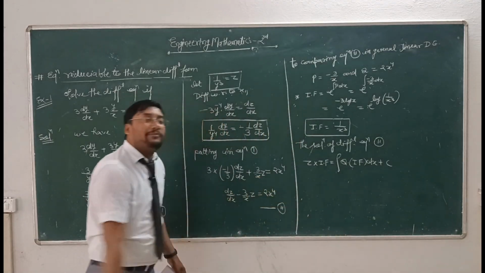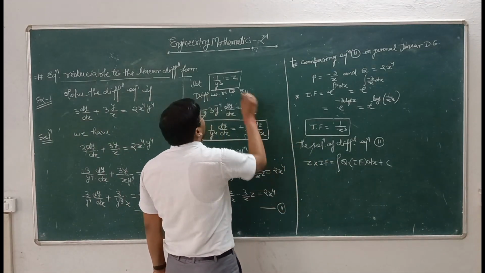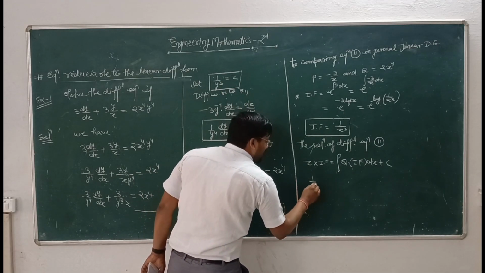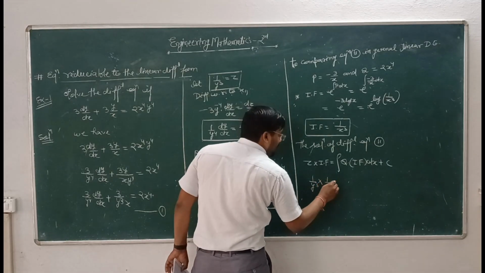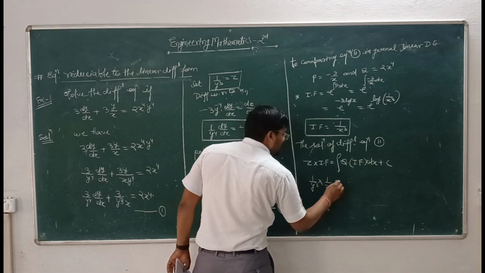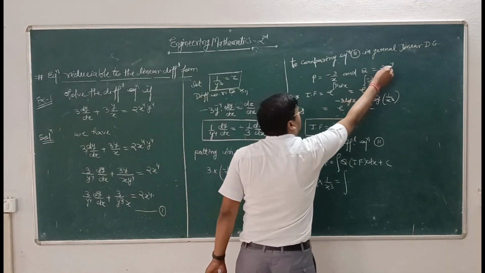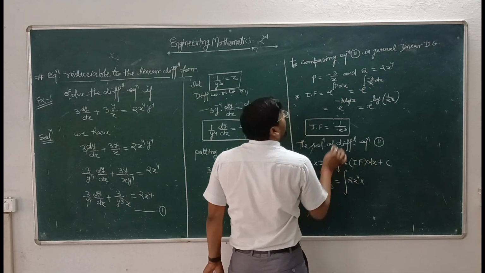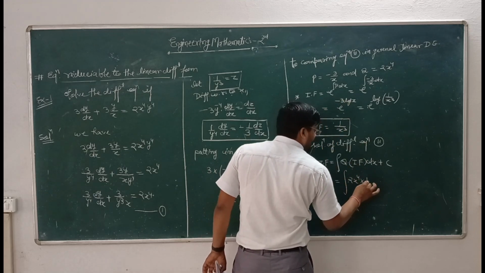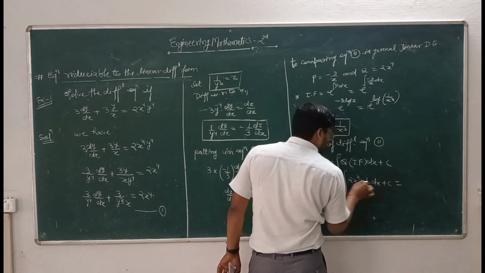Now put all the values of z and IF. First put the value of z: 1 upon y to the power 3 into, put the value of IF, 1 upon x to the power 3, is equal to integration, put the value of Q, 2x to the power 4 into the value of IF, 1 upon x to the power 3, dx plus c. Now you can integrate this function.